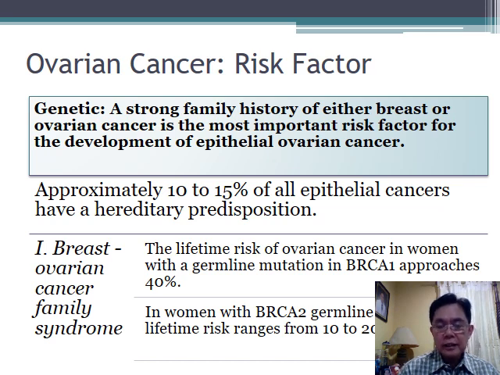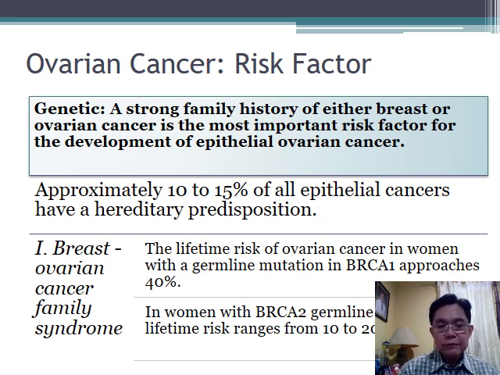So who are candidates for determination of BRCA1 or BRCA2? These are women who have a strong family history of ovarian cancer or breast cancer.